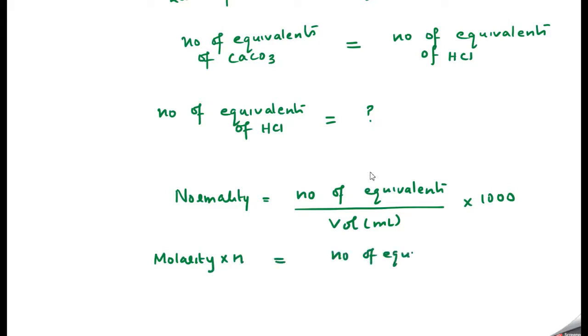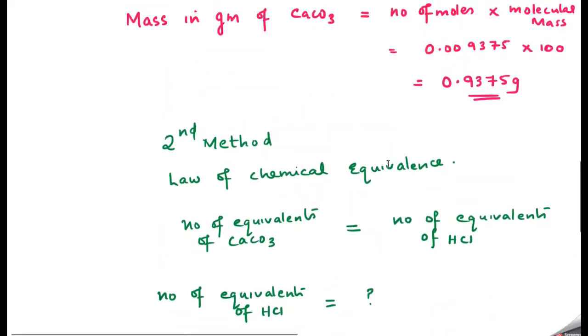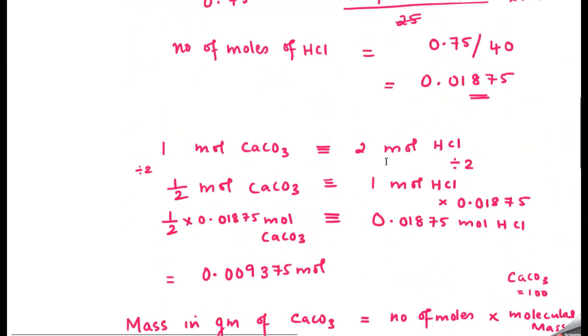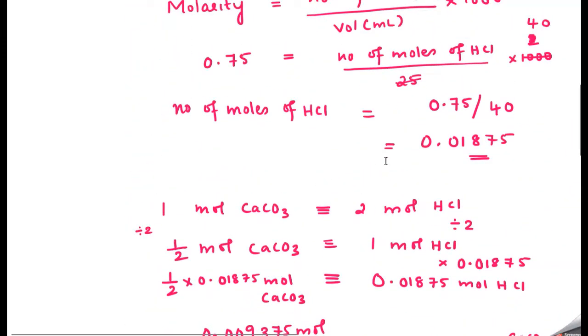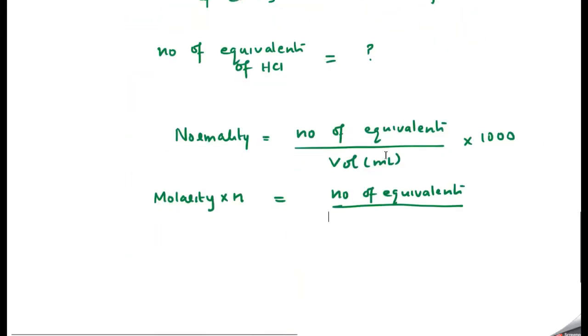Okay, so number of equivalents is what you need to find out. What is the volume of the solution? Not 75, sorry, 25. So we can substitute that 25 here, and here 1000 will come. And what is molarity given here? 0.75.